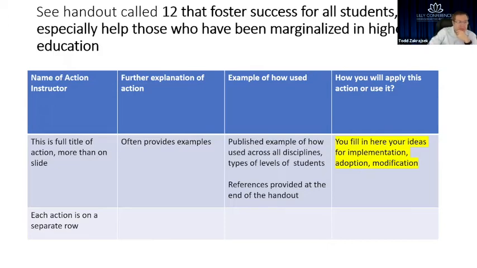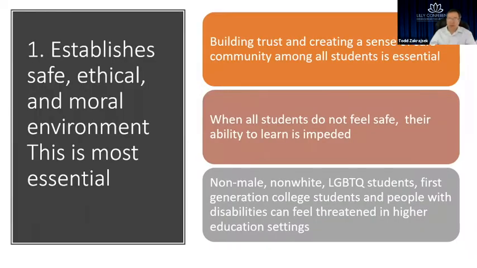That's great. Okay. So the first one is to establish a safe, ethical, moral environment. And this is really, to me, the most essential aspect. If we don't do that, we can't provide for students to succeed. The prevention of and responding to violations of moral and ethical behaviors helps to establish a safe, ethical, and moral environment for all students.